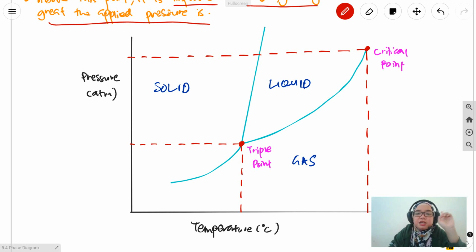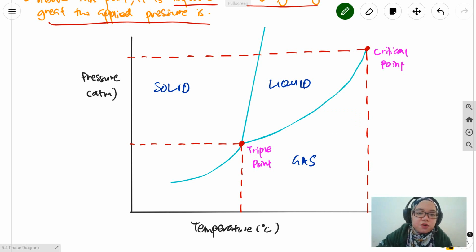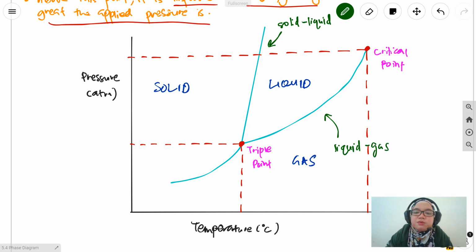Okay, so now the lines. For the lines, this is the solid-liquid equilibrium line, and this is the liquid-gas equilibrium line, and this one here is the solid-gas equilibrium line.